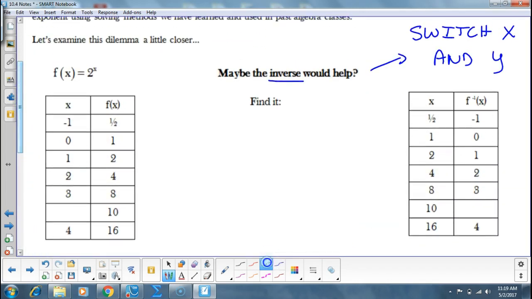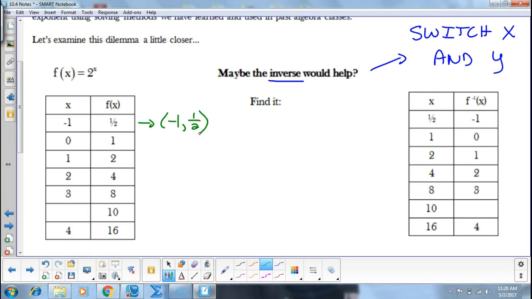If you'll notice here, this point that you would graph would be -1, 1/2. If I plug in -1 into that function, I get out 1/2. Well, over here on the inverse, that point becomes 1/2, -1.